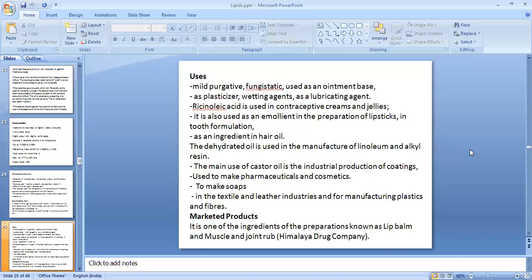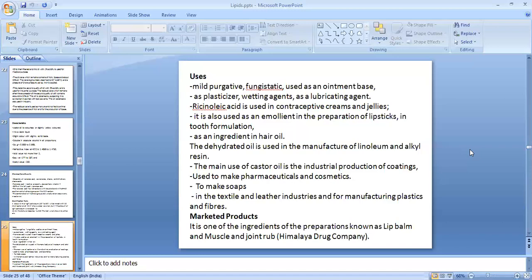And apart from that, in the pharmaceutical industry and in the preparation of cosmetics and soap, castor oil is used. It is also used in textile and leather industries, and it is employed in the manufacturing of plastics and fibrous materials.